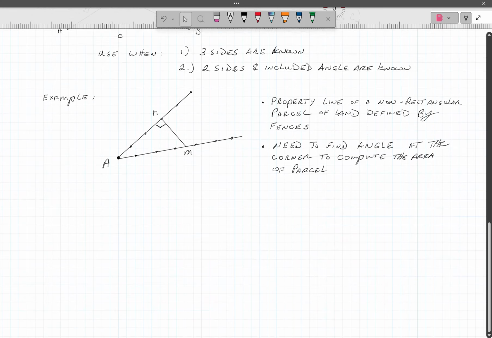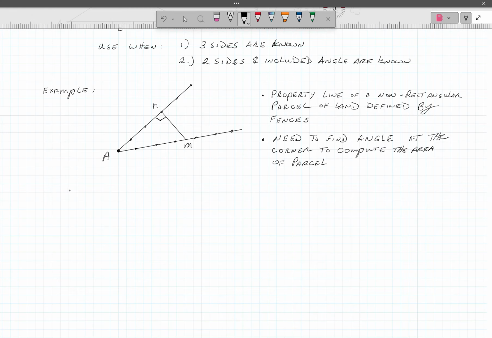So I'll do this in steps. Solution. Step 1. Set taping pins. That's your red and white pin.